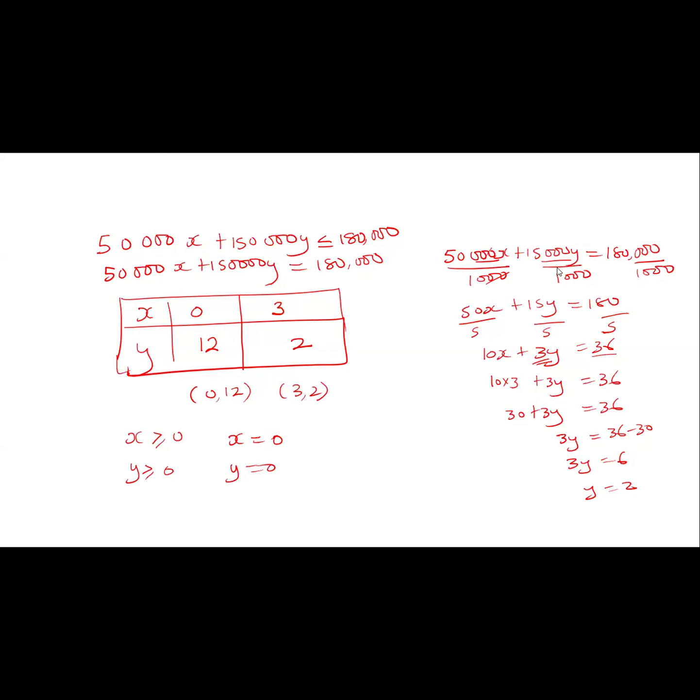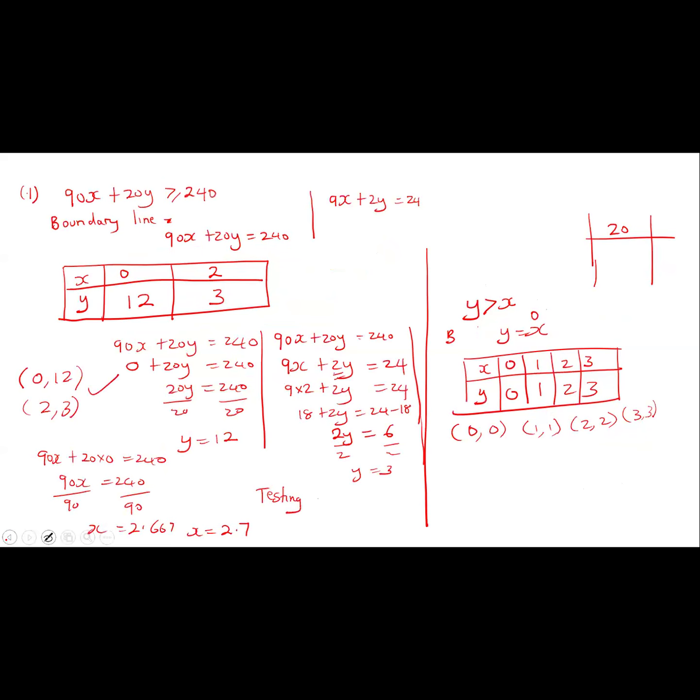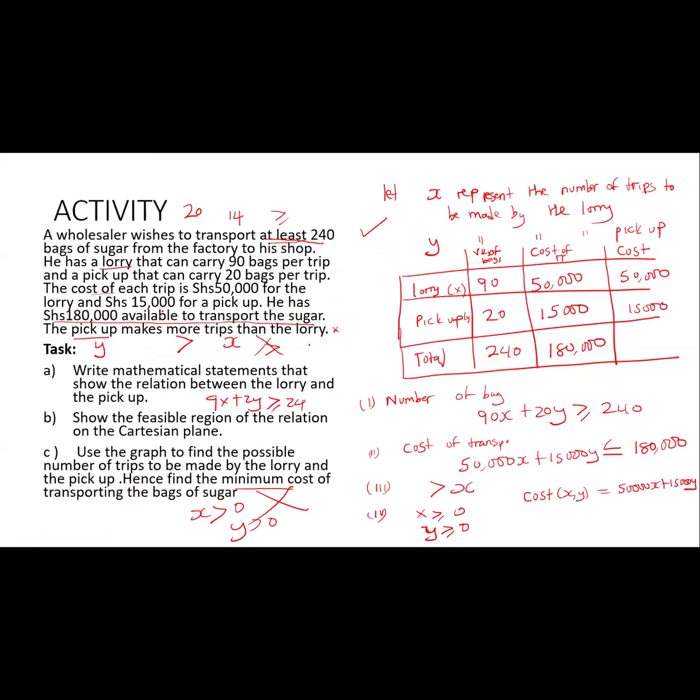Okay, they are telling me it is 15,150. Let me first check. Okay, I've seen. You are saying here, this is 150,000. That's what people are saying. If it is, then this one is going to be what? Let me be sure of the question. The question was what? It was 15,000. Yes, it is 15,000. I think it is okay.